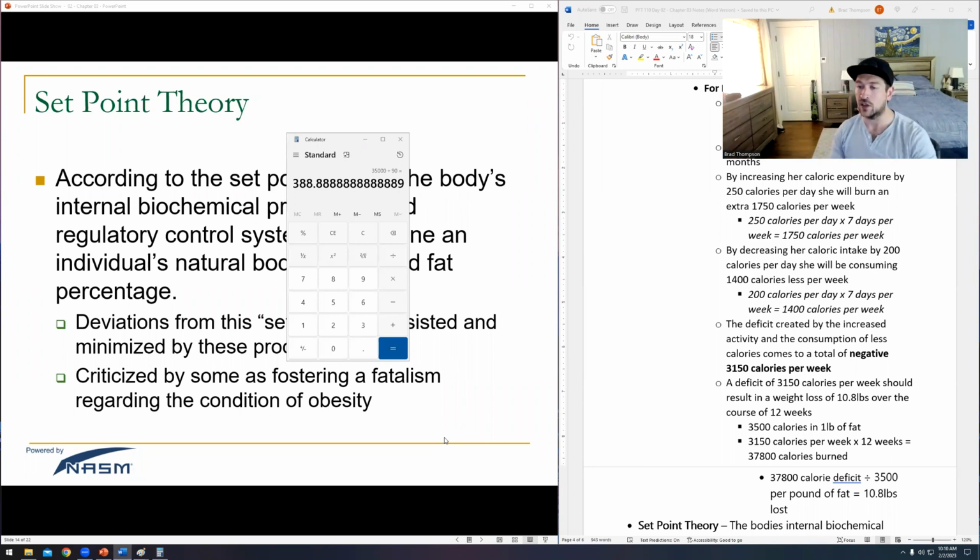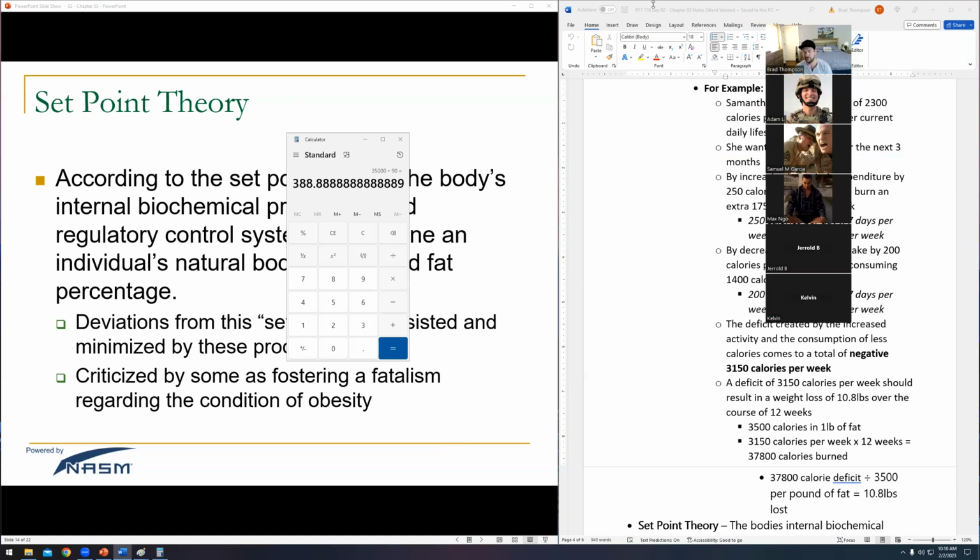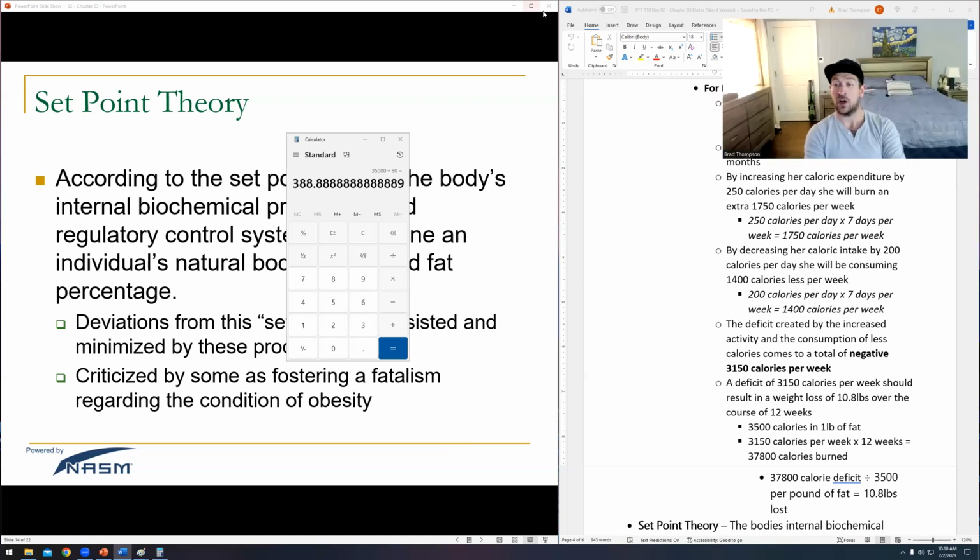But since that's already part of your lifestyle, why don't you also just go for a 1-hour walk per day at the end of your day, or something like that. Something that's going to get her to burn an extra 250 calories every single day. Now, if she does that, she increases her expenditure.